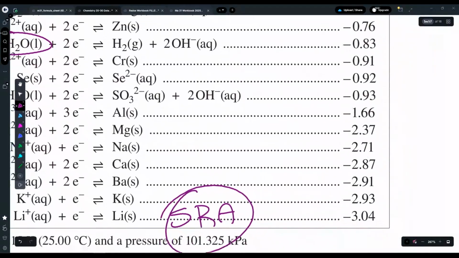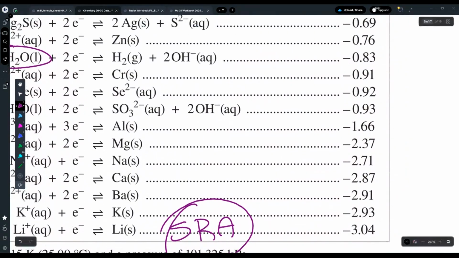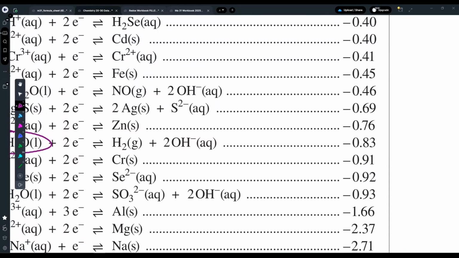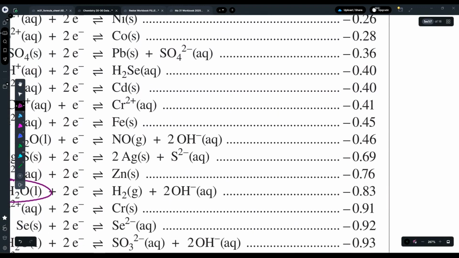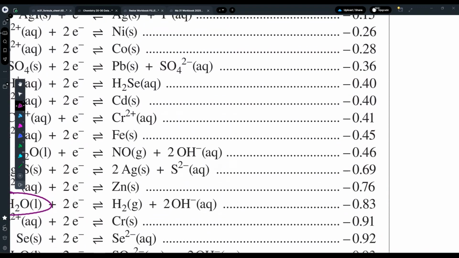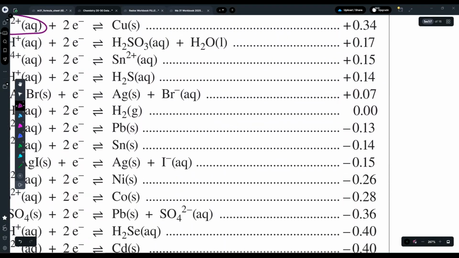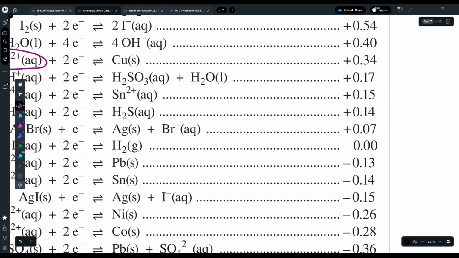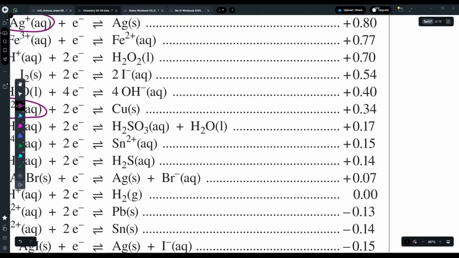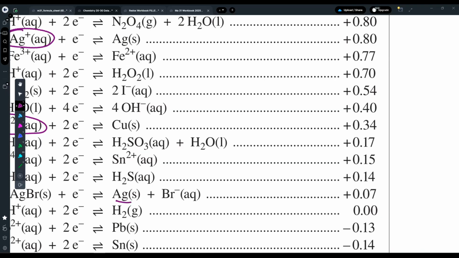Okay, let's just look through our reducing agents and see what we have here. So I have silver, but I don't have iodide ion, so I can't use this. Same with this reaction.